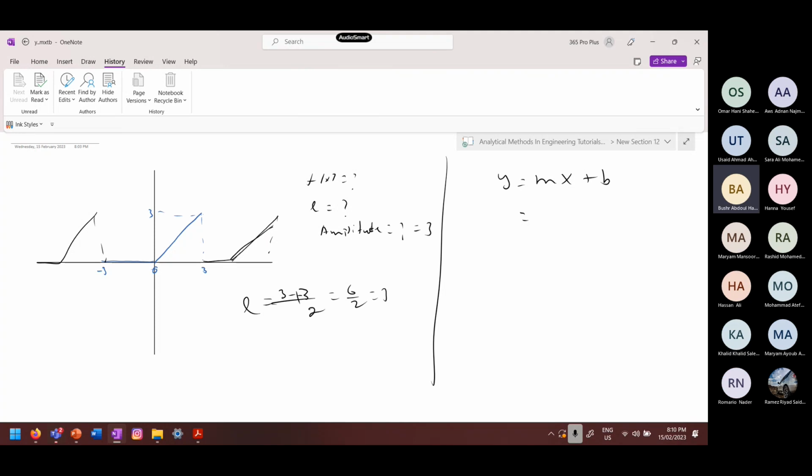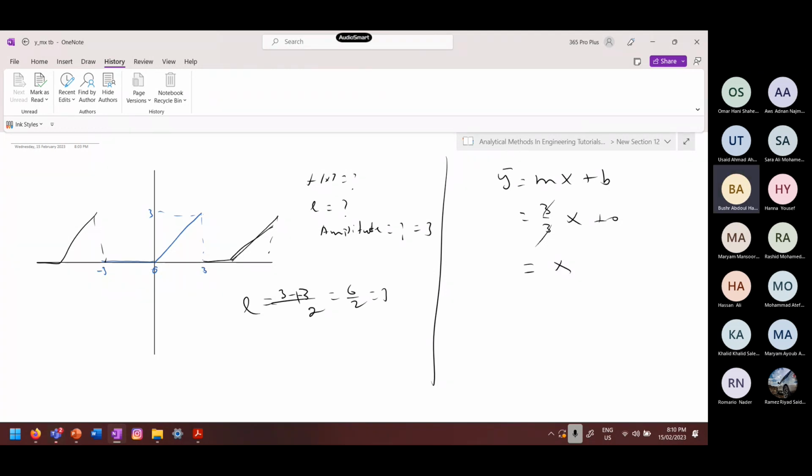M is equal to the rise over run, 3 over 3, x plus b. You can see here that it's starting from the center, there's no shift in the signal. So b is equal to 0, and 3 over 3 is equal to 1. So the answer is x.